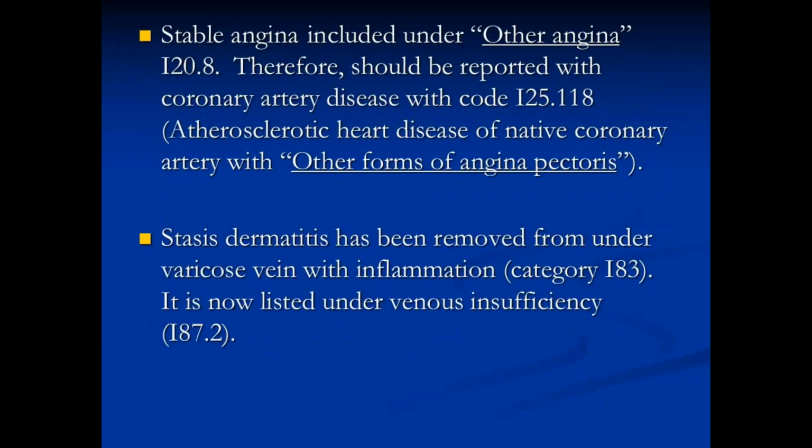Stable angina is included under other angina, I20.8, that's a new code. Therefore, it should be reported with coronary artery disease with code I25.118. Stasis dermatitis has been removed from under varicose veins with inflammation and is now listed under venous insufficiency, I87.2.